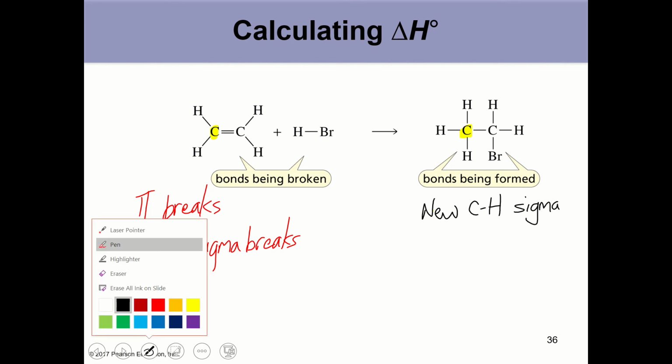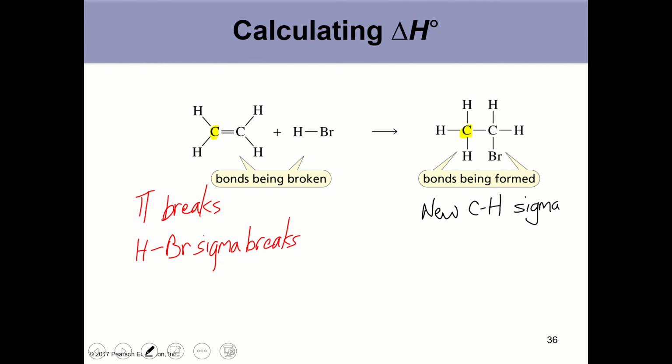Notice that in the reactants, there is no bond from carbon to bromine. And in the products, we have a carbon to bromine bond at the orange carbon. New carbon to bromine sigma.